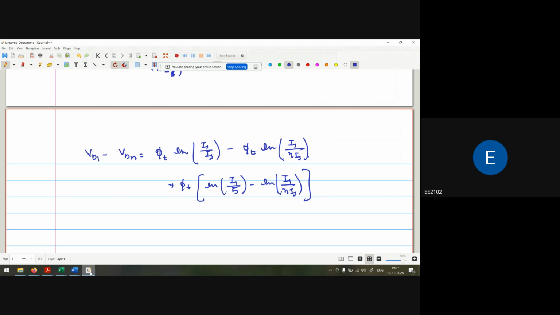Okay, so phi t times ln I1 upon IS minus ln I1 upon nIS. Now ln A minus ln B, what is the value of this?